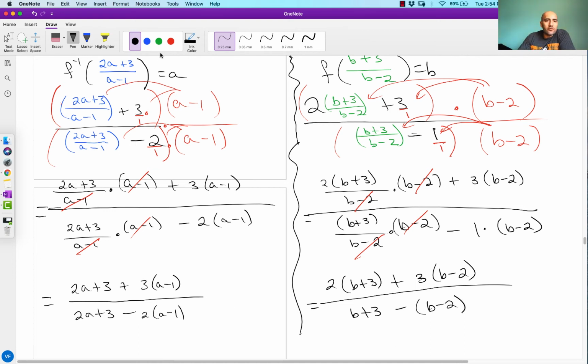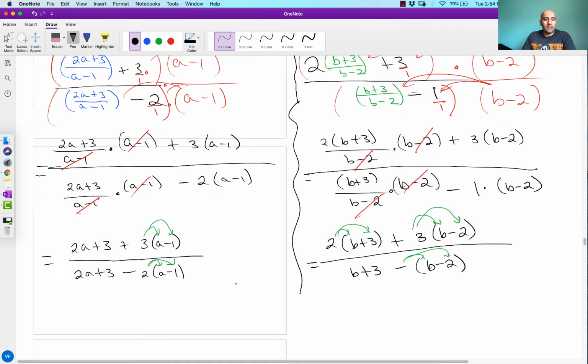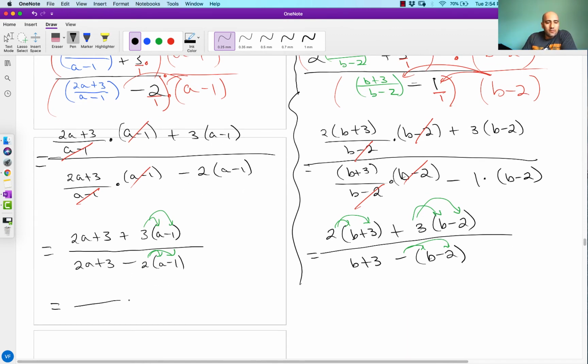Okay, so then I'm going to distribute these guys, distribute, distribute, distribute, and hopefully the result is something that I like. So I'll end up with 2a plus 3 plus 3a minus 3. And I'll end up with 2a plus 3 minus 2a plus 2.